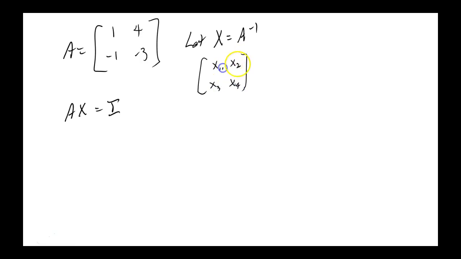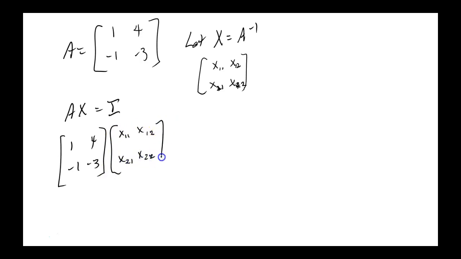They do 1, 1, 1, 2, 2, 1, and 2, 2. You can do it any way you want to. We'll do it the way they did. So this will be 1, 4, negative 1, negative 3 times X of 1, 1, X of 1, 2, X of 2, 1, X of 2, 2 equal 1, 0, 0, 1.